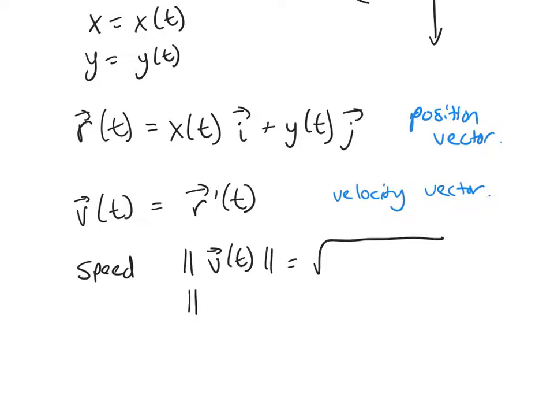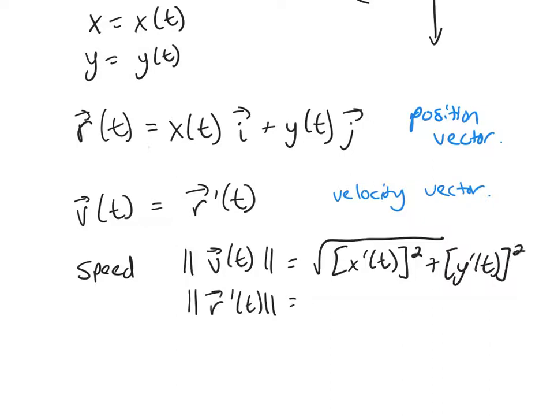It's the same thing as the magnitude of r prime. So it's take the derivative of x prime, square it, the derivative of y prime and square it, add them together, take the square root, and that's the magnitude. So that's how I get speed here.